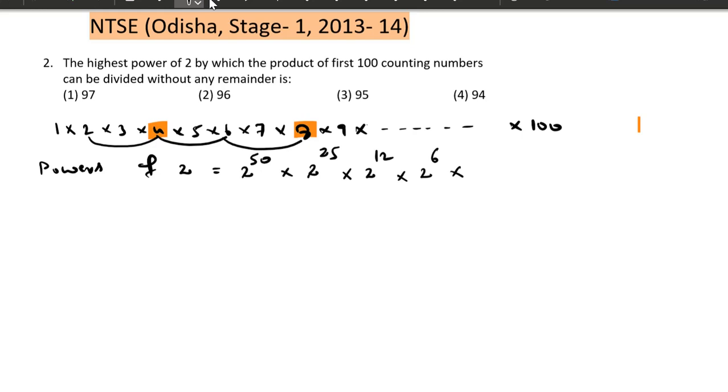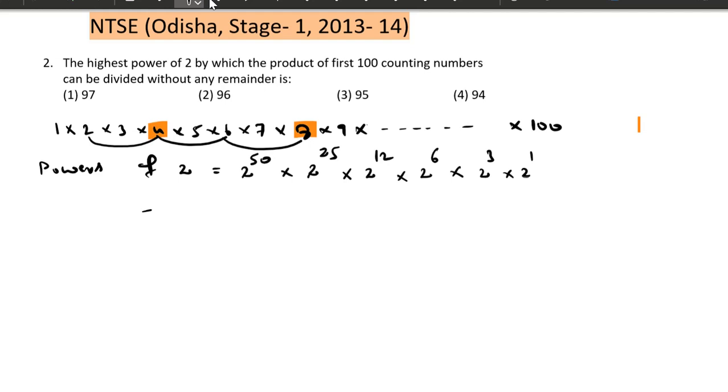How did we get 2 power 6? From 16 and from the next multiple of 16, that is 32. If you take 2 common, we get 2 power 6 as factor, and then 6 by 2, that means 2 power 3, 3 by 2, that means 2 power 1. So these many 2s we can get as factors. So how many 2s are there?